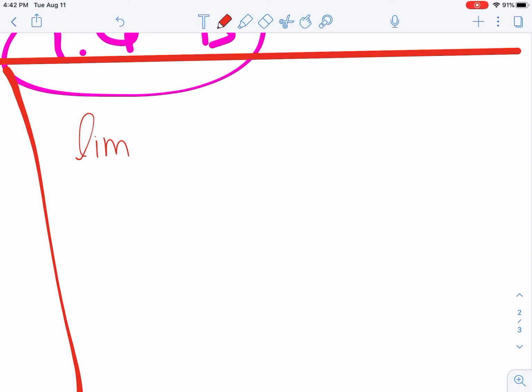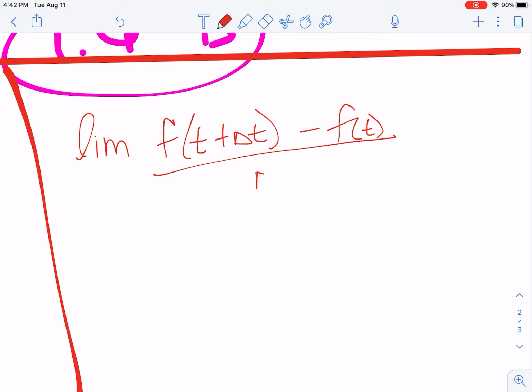So when we're doing this limit definition, it's going to be the limit of your function of x plus whatever your change is. So I guess actually I'm going to use t for us. Plus your change in t minus just your function over delta t.